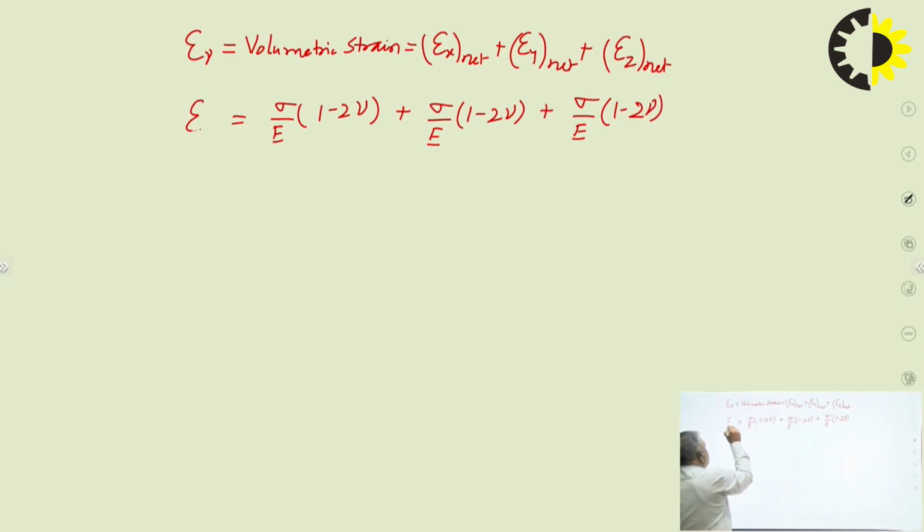This is epsilon V. So we can write, 3 times sigma upon E (1 minus 2 nu) is equal to epsilon V.